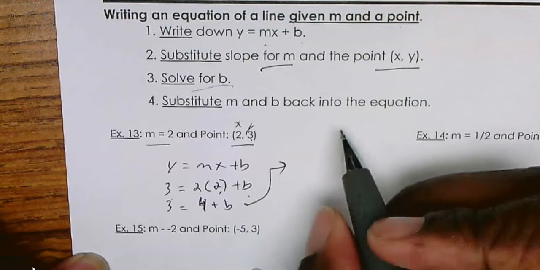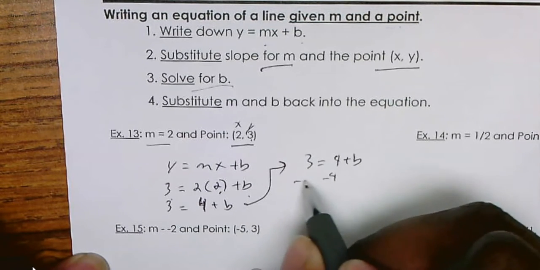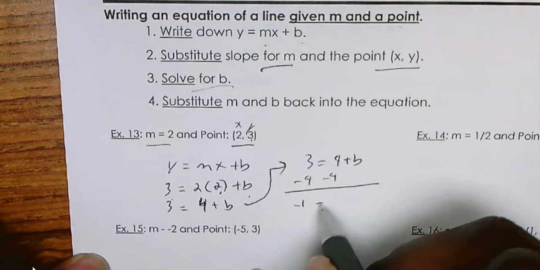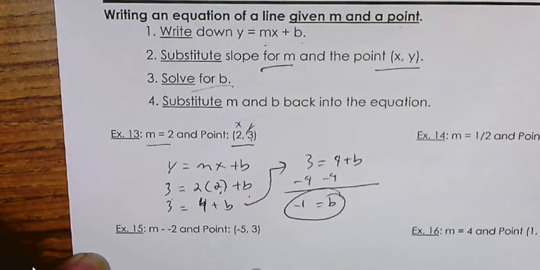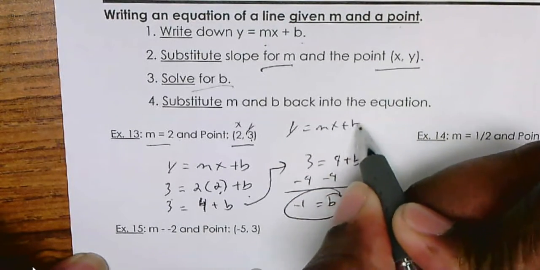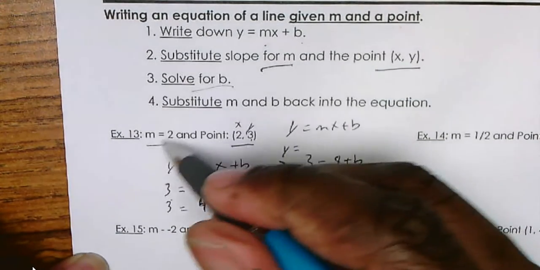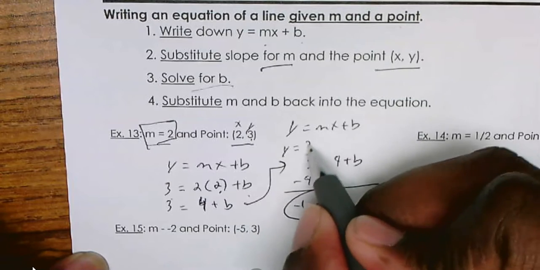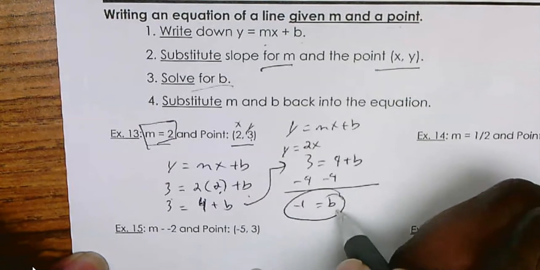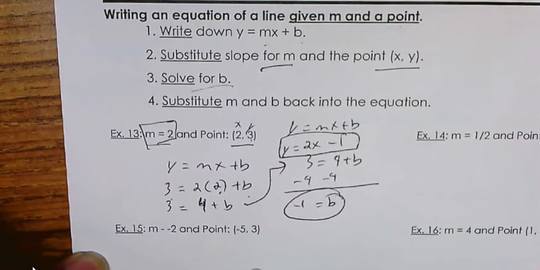If you're going to solve that equation, 3 equals 4 plus b, you subtract 4. So -1 equals b. So if -1 equals b, if you wrote the equation for it in y equals mx plus b form, the equation would be y equals, your slope was 2, so y equals 2x. Your y-intercept is -1, subtract 1. So that's the equation for it.